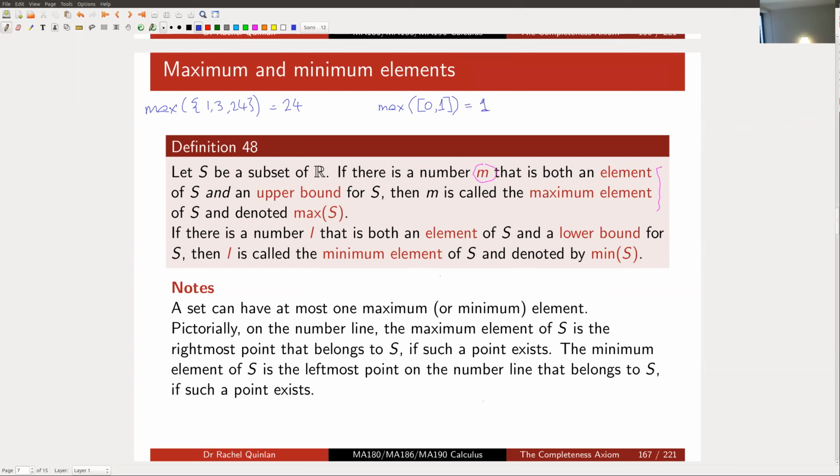Okay, and if you take a set like the rational numbers, that's not bounded, it has no maximum. But another example of a set of real numbers that has no maximum is the open interval from 0 to 1. Remember that includes all real numbers that are strictly between 0 and 1, not including 0 and 1 themselves.